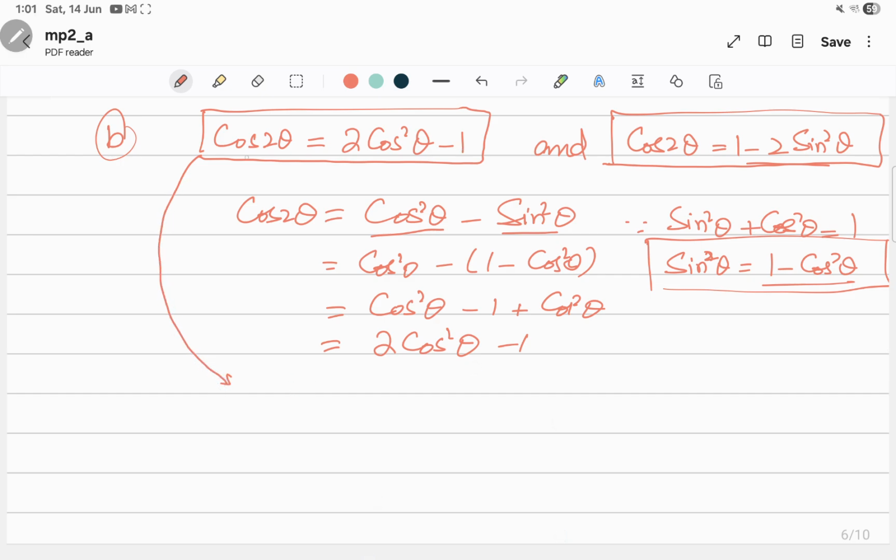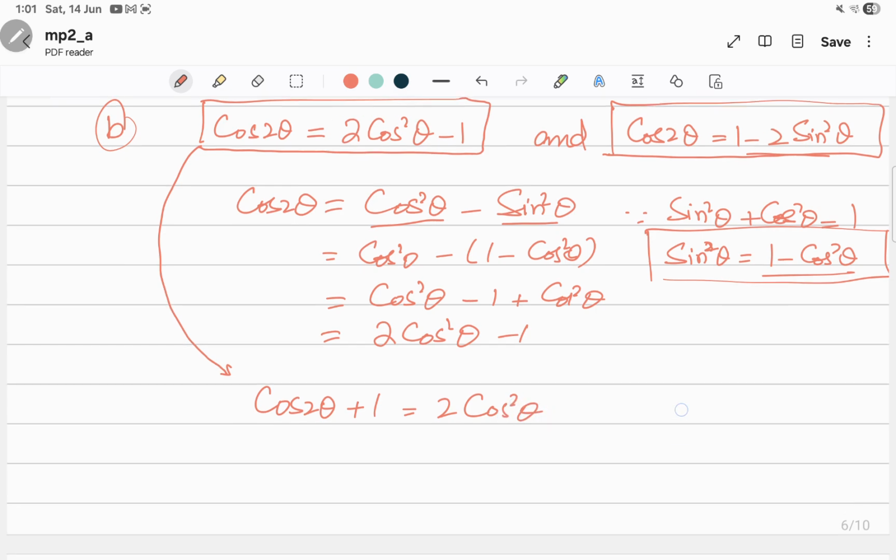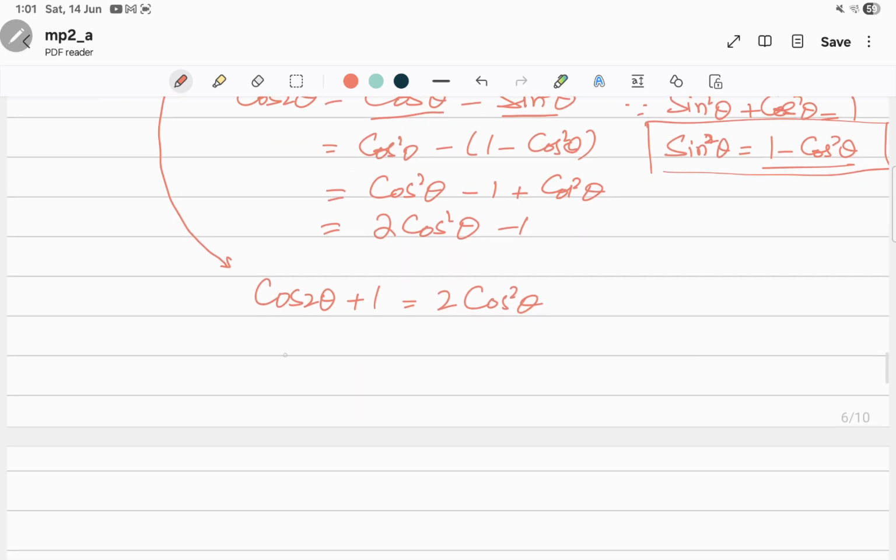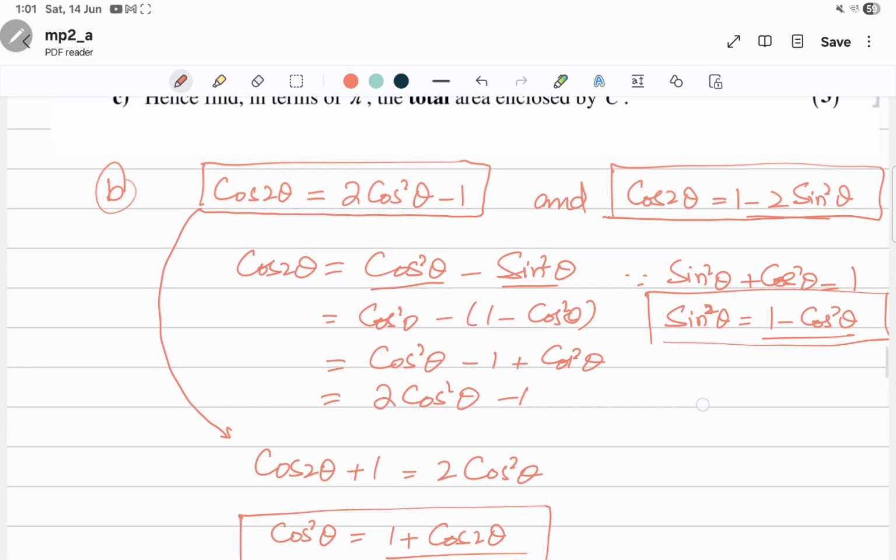If you take minus 1 to the left, it will be cos 2 theta plus 1 equals 2 cos square theta, and if you divide by 2 on both sides, then cos square theta equals 1 plus cos 2 theta, whole divided by 2. So this is the value of cos square theta.